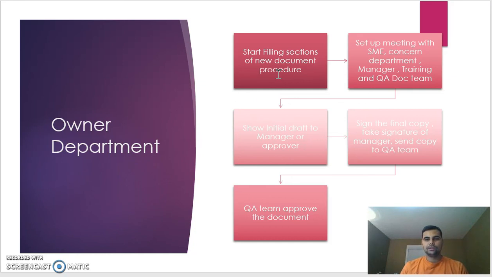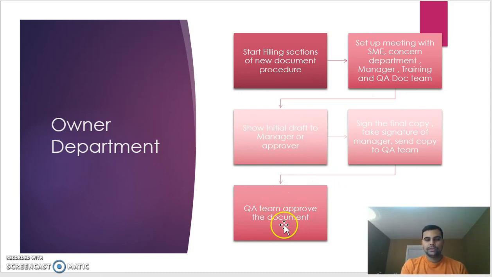If it looks good, I will sign it, and then you will approve it. If he gives you some comments, include those comments in the SOP, then you sign at the bottom, give the final copy to your manager, he will sign, and the final copy needs to go to the quality team because they are the approver. Without their approval, no quality documents get approved.